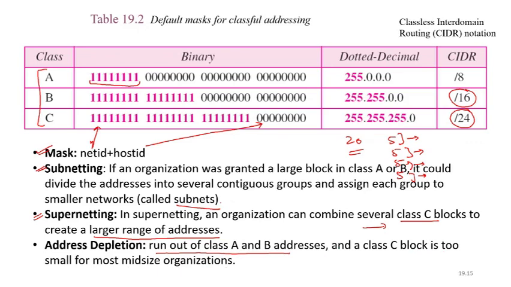So when no IP address is available to assign to a particular device or host, it is considered address depletion. This address depletion is removed by IPv6, which we will look at in the next class. IPv6 will remove the problem of address depletion. This we'll see in the next class.